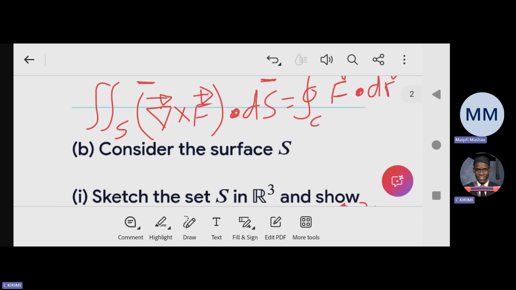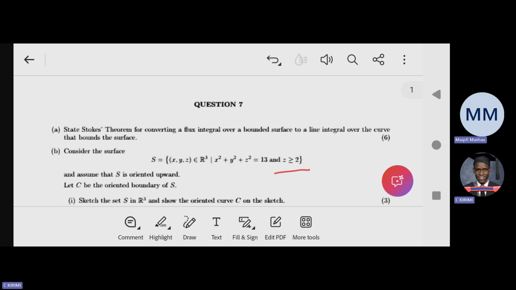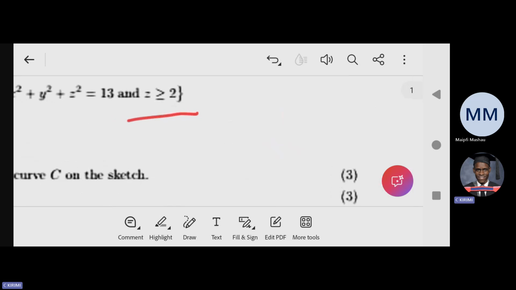But the question here is saying, let's take the surface in R3 and show the orientation of C on a sketch. Which means for that surface S, the orientation of C is anti-clockwise.